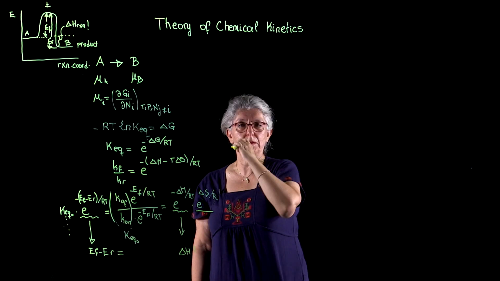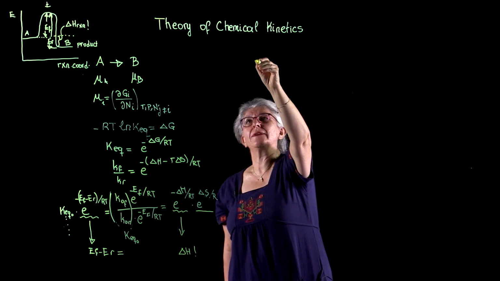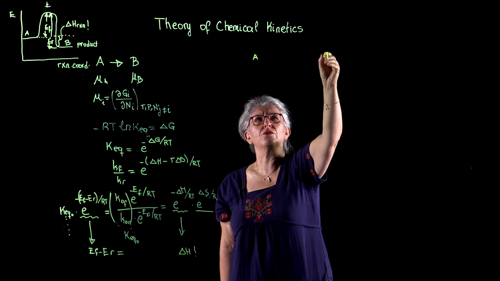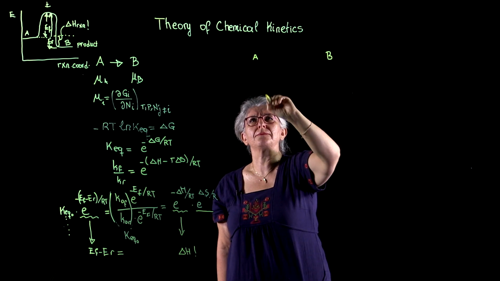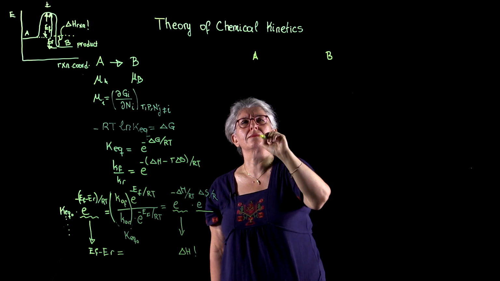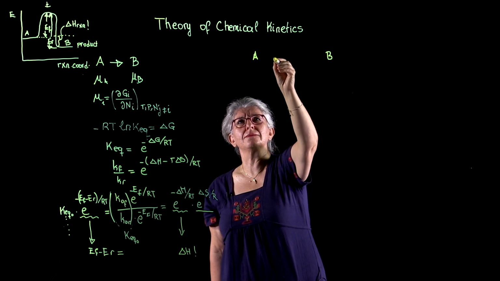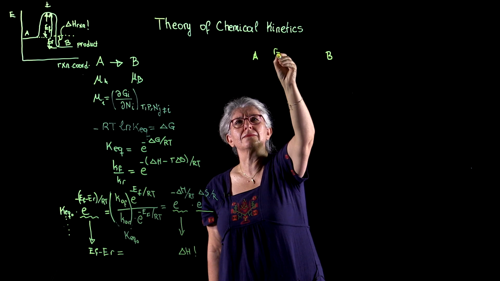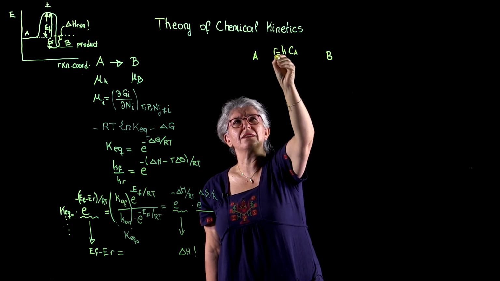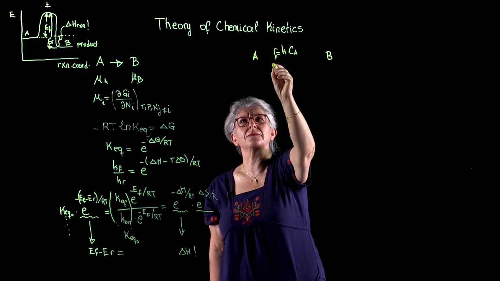Now, I'm going to draw a diagram where my product A is going to go to product B, with a rate of K times CA. This is my forward rate.